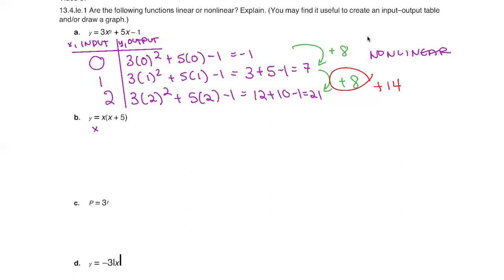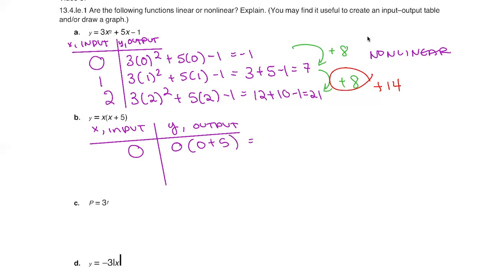We have x is going to be our input traditionally, and y is going to be our output traditionally. I'll start with 0 again. It's a good number. 0 times 0 plus 5 is just equal to 0 times 5, which is 0. 1 times 1 plus 5.